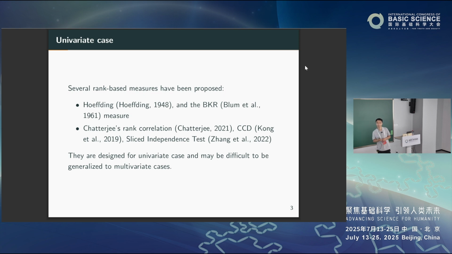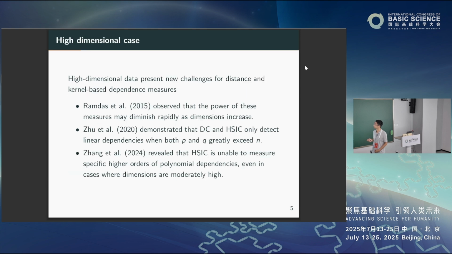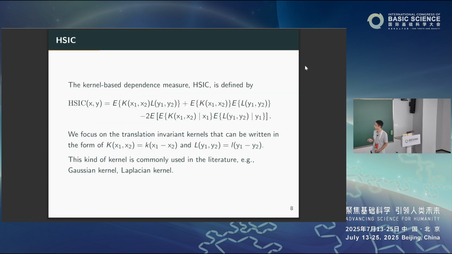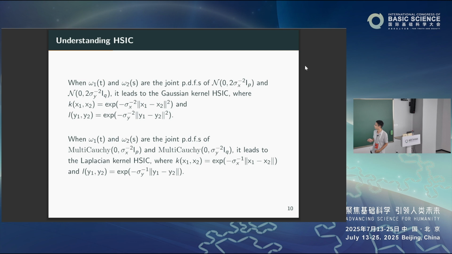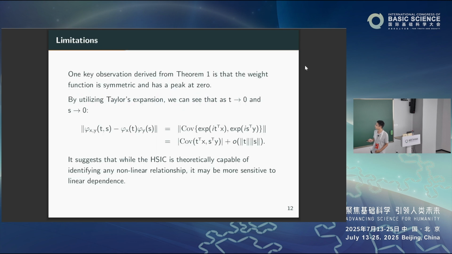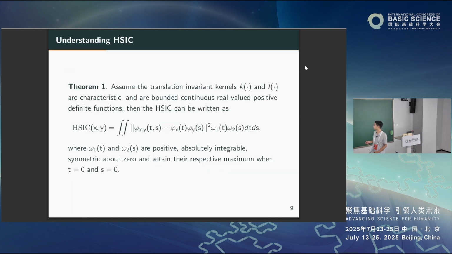Thank you. Maybe a second question. It is on theorem 1. You found a very interesting result that the peak value is at 0. So how did you verify that? I show that in this theorem.